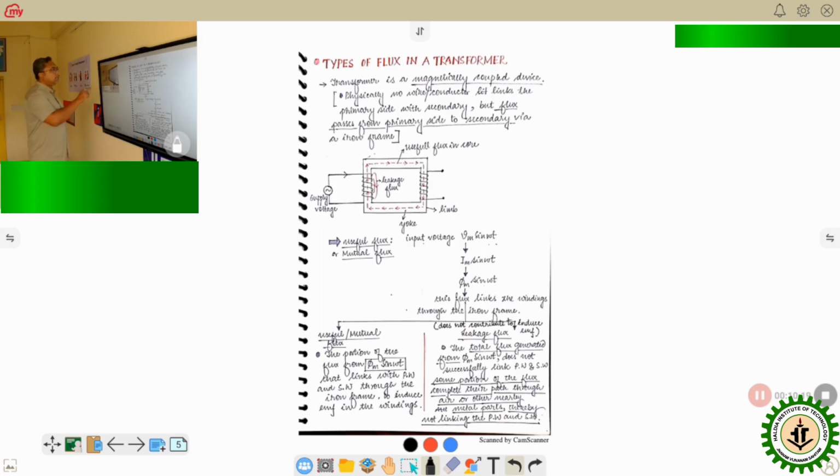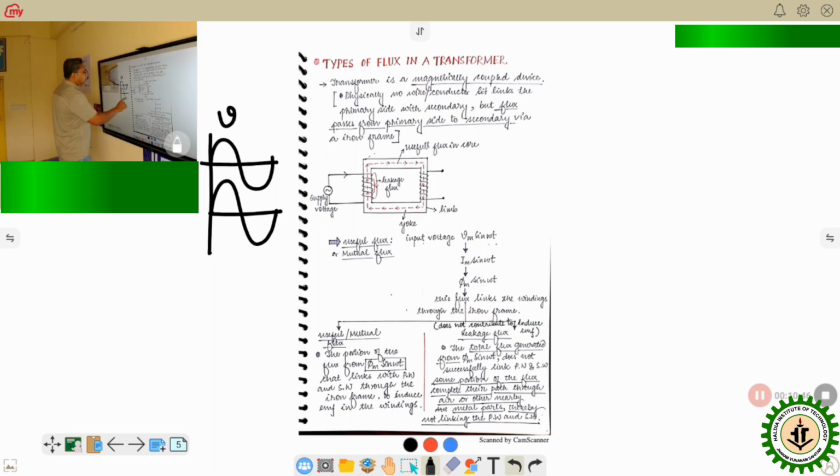So mainly over here there are two types of flux. One is called the useful flux in the core and the other is the leakage flux. So what is the useful flux in the core? Whenever we supply AC voltage, because the voltage is alternating, I have told this a number of times that we have to keep in mind, since the voltage is alternating, the current profile will also be alternating, so the flux generated will also be alternating in nature.